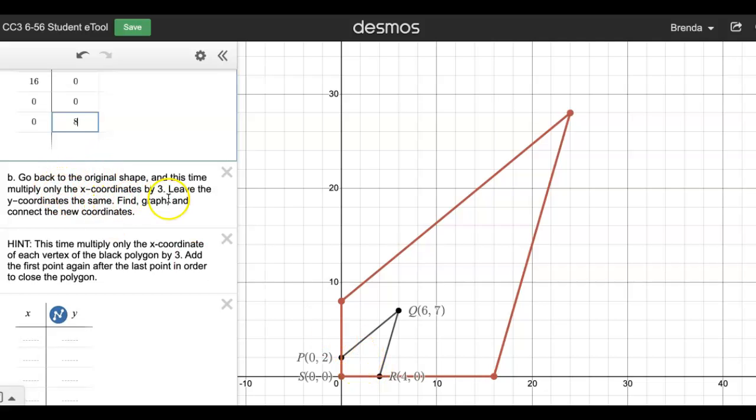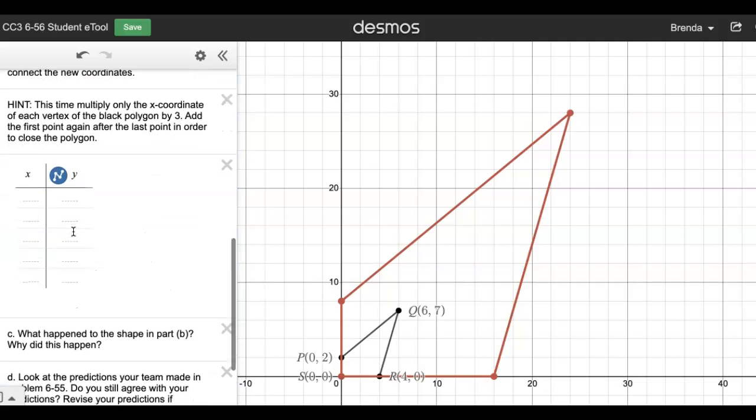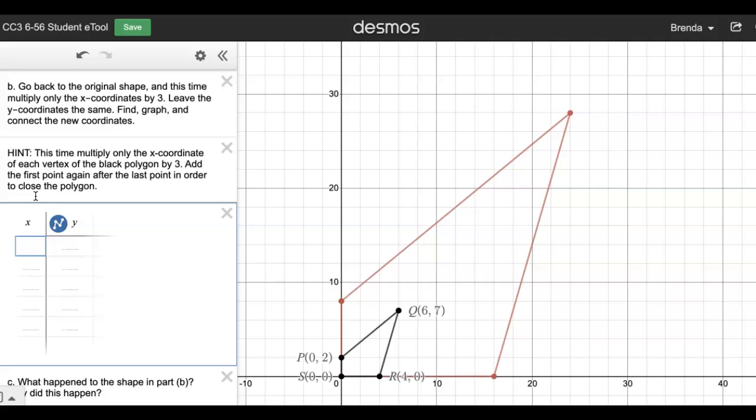So now we want to come back to the original shape, so this shape here, and this time multiply only the x coordinate by 3 and leave the y coordinate the same. So this is a new table for a new shape. It's going to be a different color of blue. So now we're only going to multiply the x coordinate. So by 3, well, 0 times 3 is still 0, so this coordinate actually stays the same.